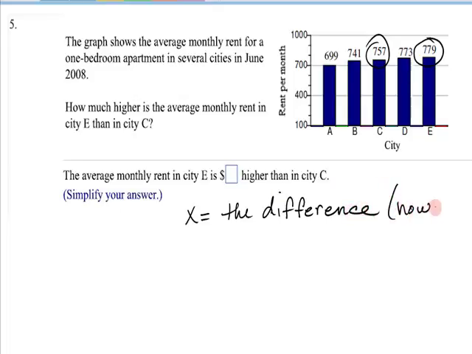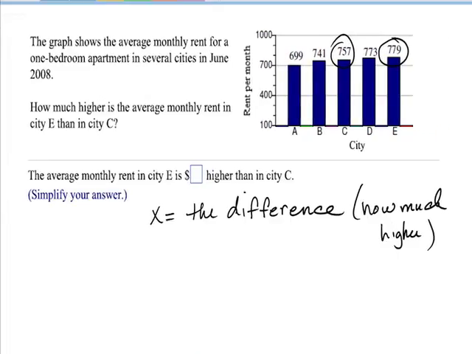How much higher? Okay, I may have run off the screen there. All right, so I'm going to take the bigger one, which is 779, and take the difference between 757. That should give me the difference. So I'll come over here, 779, 757.